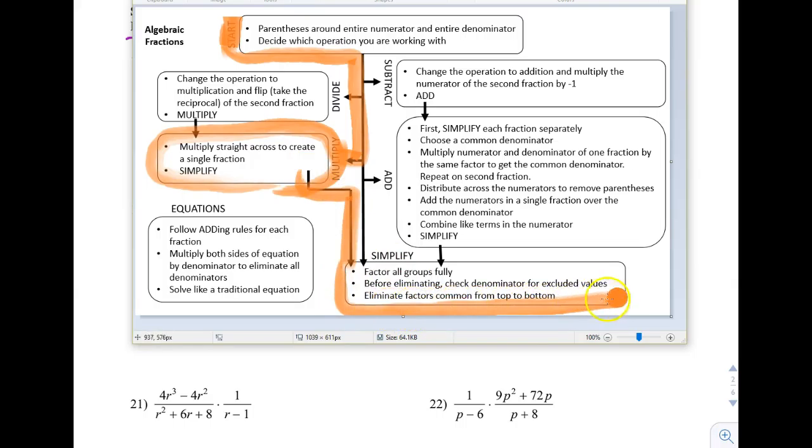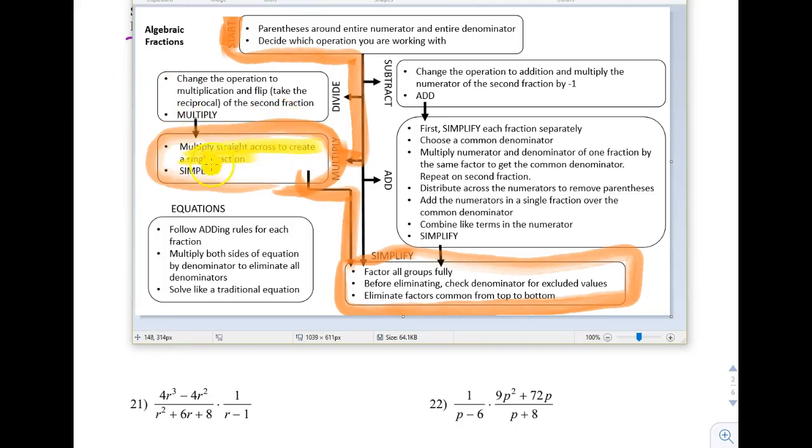So we will do these steps one more time, and what you'll find is that compared to section 2, it is almost identical, because the multiplying step really is only adding one thing from what we were doing before, and it's multiply straight across to create a single fraction. Otherwise, we are just simplifying that single fraction.